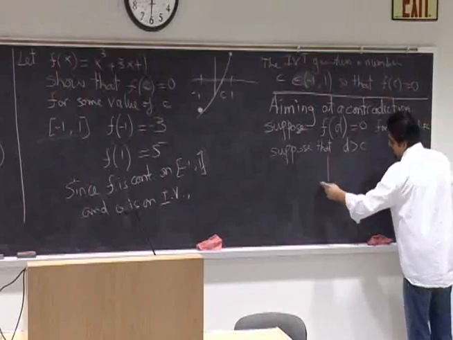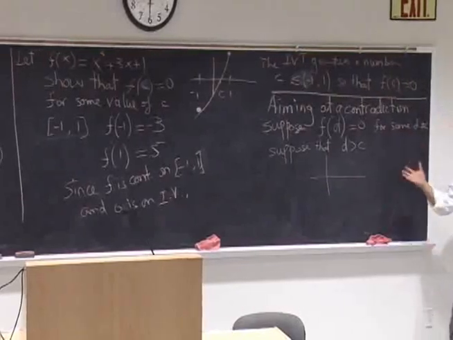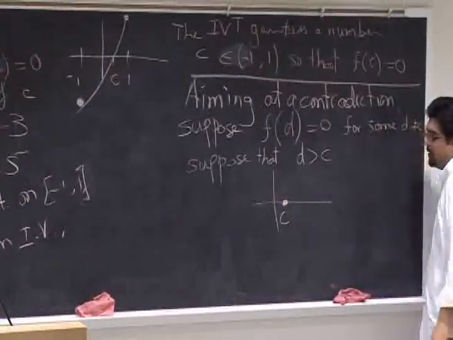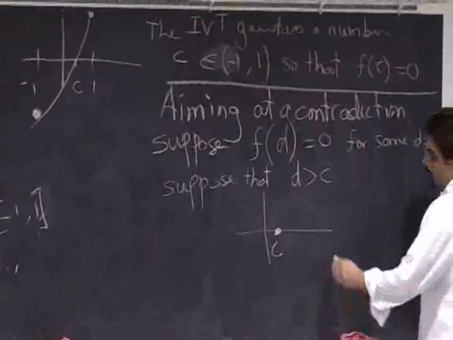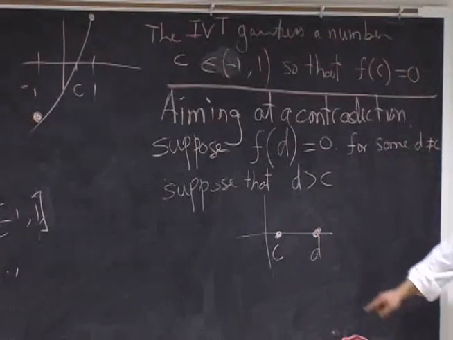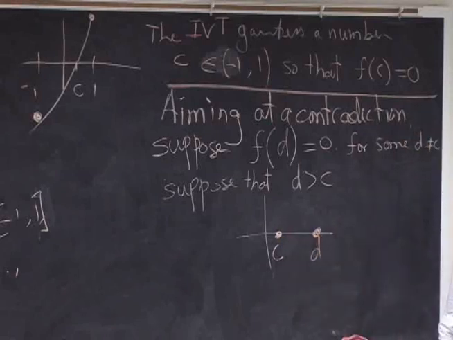The proof works if it's the other way around as well. So I have a number c, I know for a fact that the function goes through that point, and let's say I have a number d that's bigger than it, at which the function is 0 again.